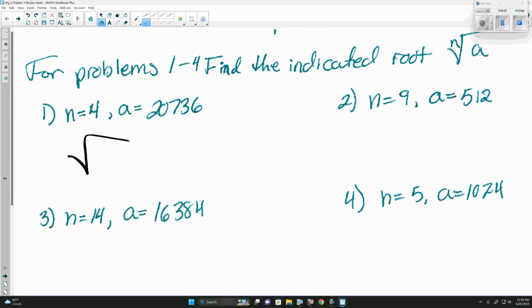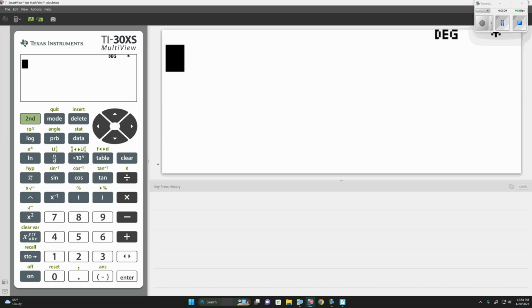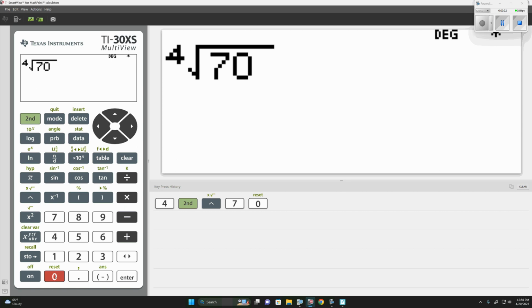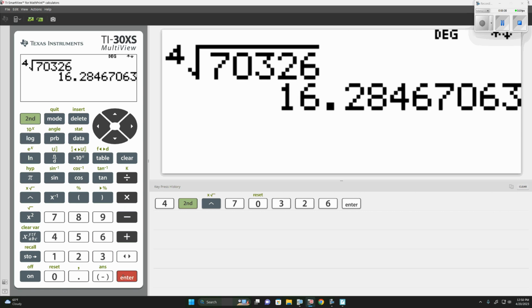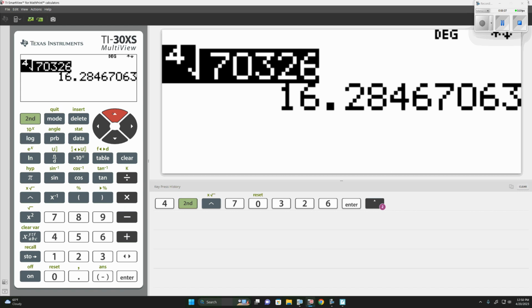So for number 1, we're taking the 4th root of 20,736. Now for this one here, we can just plug it in. 4th root of 20,736. That's right.